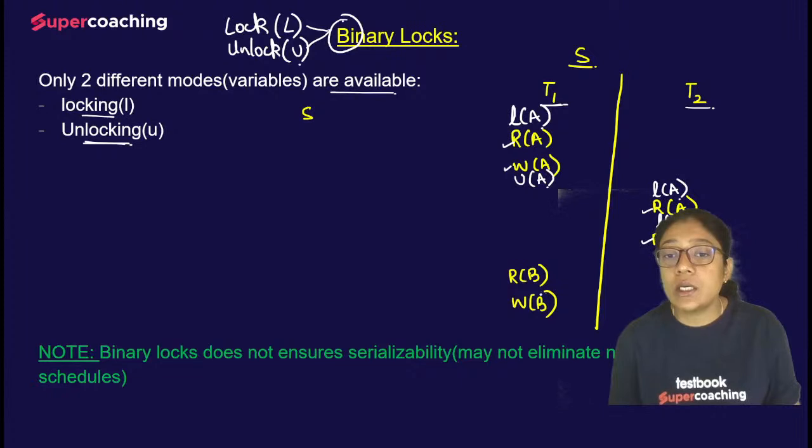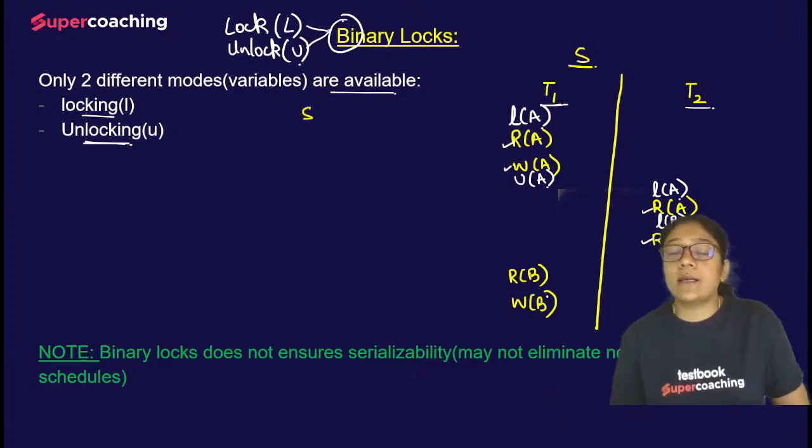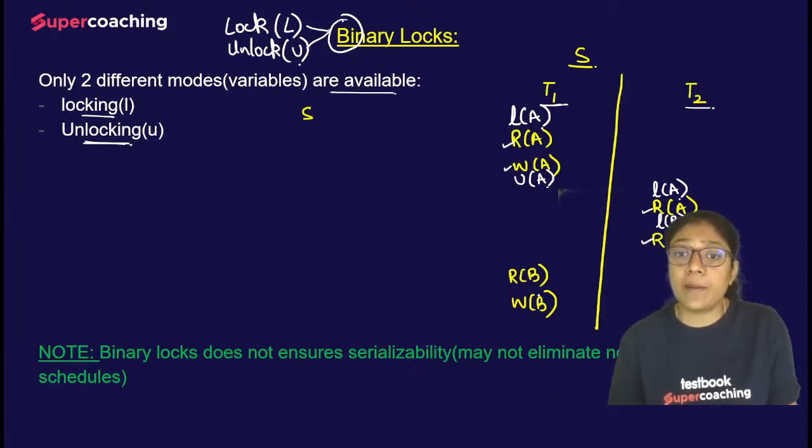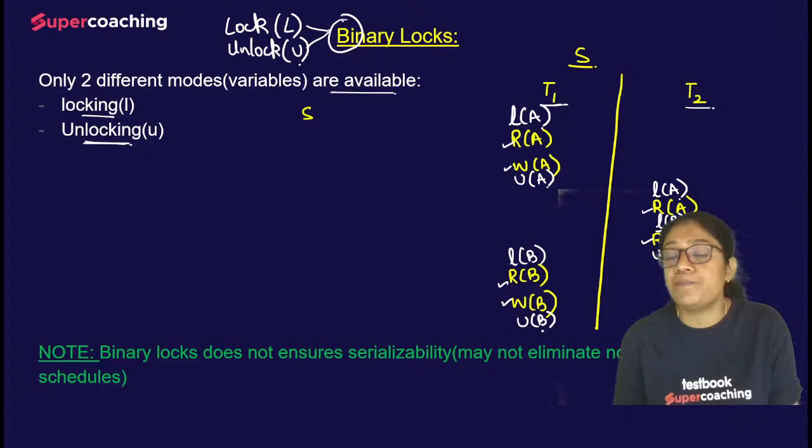Now transaction T1 wants to perform the read and write operations on data item B, but data item B is locked by, who has locked it? T2. Now T2 will unlock data item B and then T1 will get a lock on data item B. It will perform both operations and then unlock data item B.